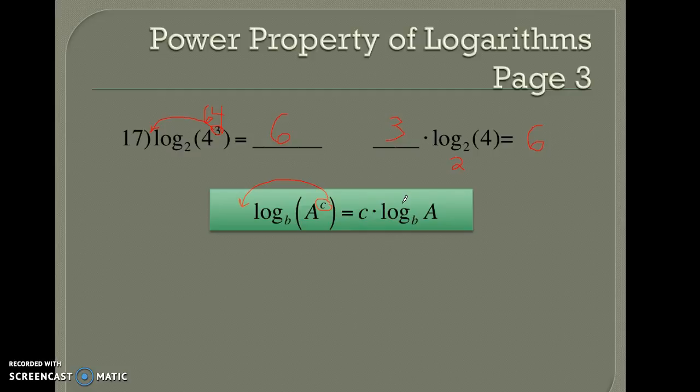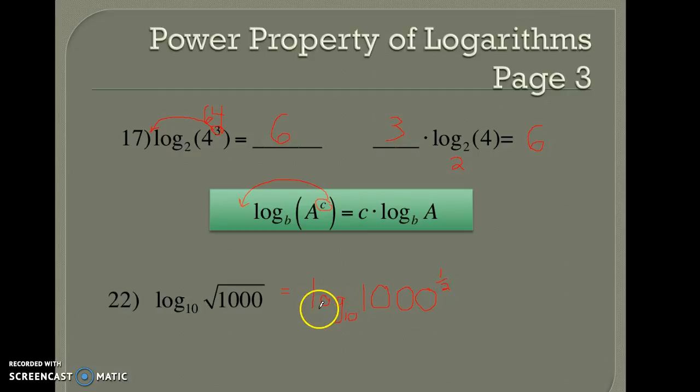So let's try problem 22. Let's first rewrite this with an exponent of 1/2. The square root is the same as 1/2. So we have log base 10 of 1,000 to the 1/2 power.